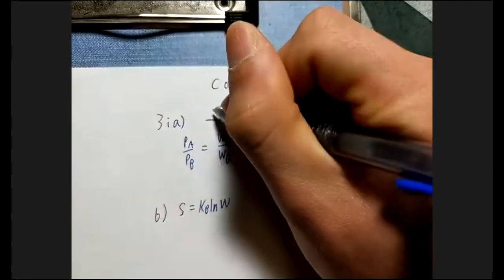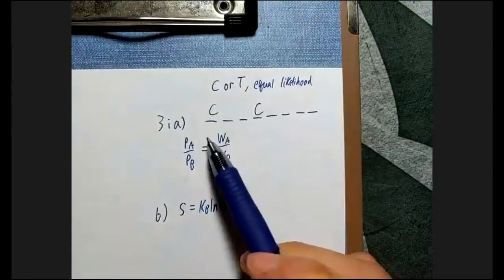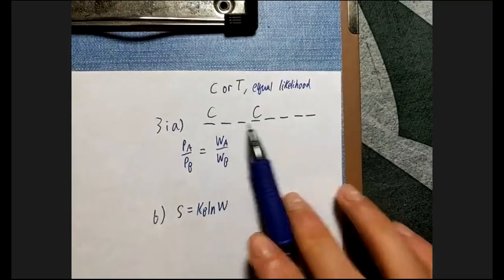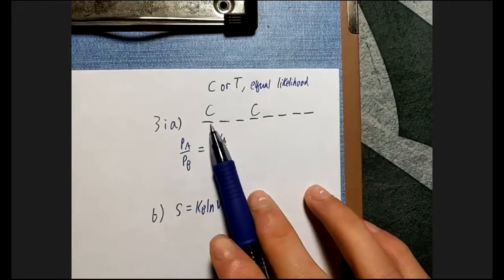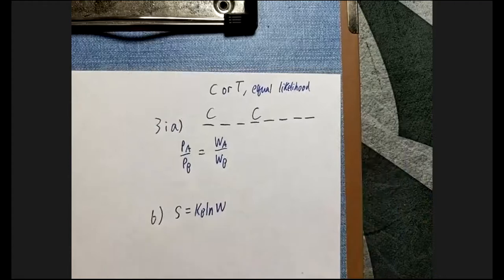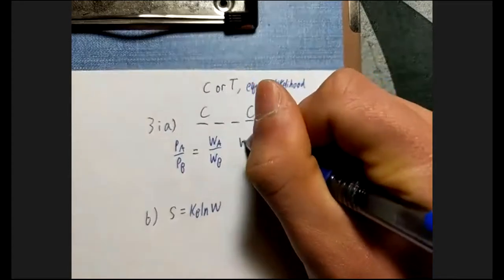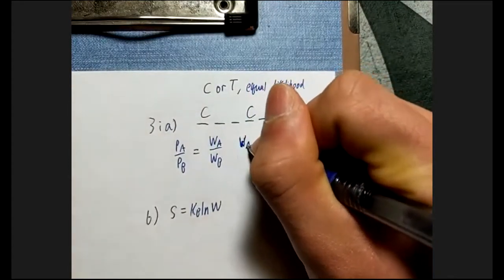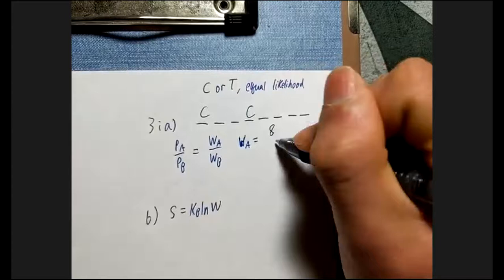You can have any combination of C's, and the rest will be T's. So you have 8 possible spots where you choose 2.